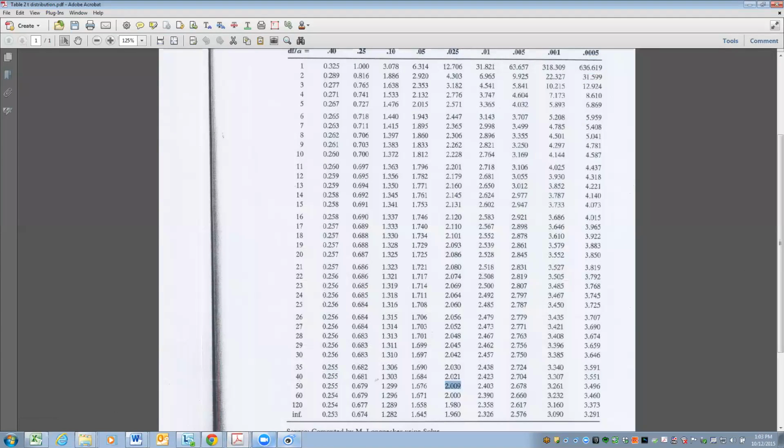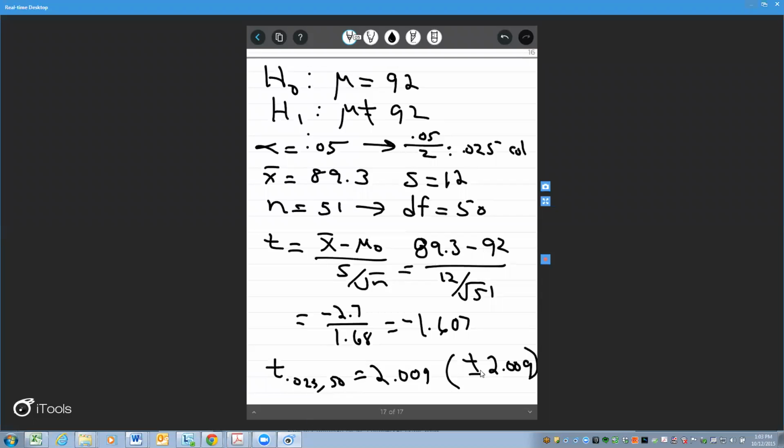I know that I could either go out to the right 2.009 steps before there would be a problem, or I can go out minus 2.009 steps to be a problem. So I can either go right 2.009 steps or left 2.009 steps. So if I exceed this value either way, I'm going to reject the null hypothesis.